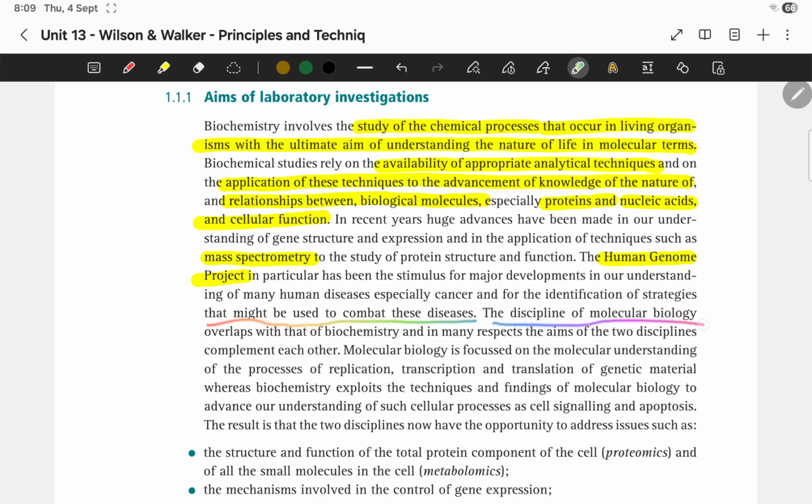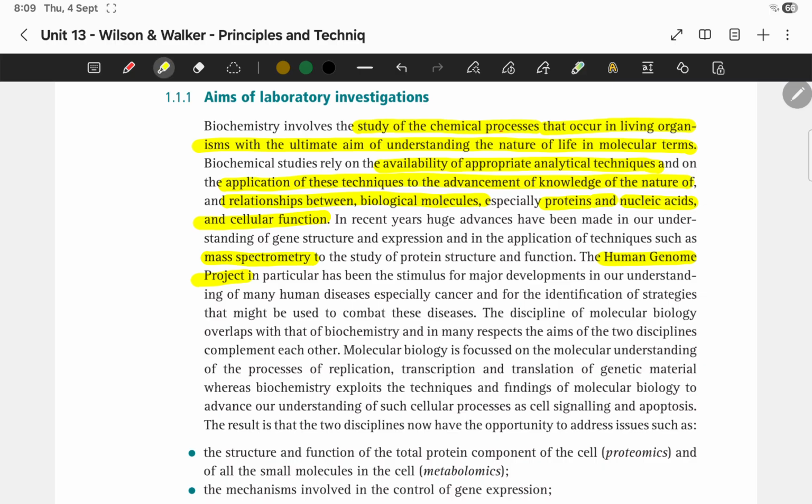The discipline of molecular biology overlaps with biochemistry, and in many respects the aims of the two disciplines complement each other. Molecular biology is focused on the molecular understanding of the processes of replication, transcription, and translation of genetic material, whereas biochemistry exploits the techniques and findings of molecular biology to advance the understanding of such cellular processes as cell signaling and apoptosis.